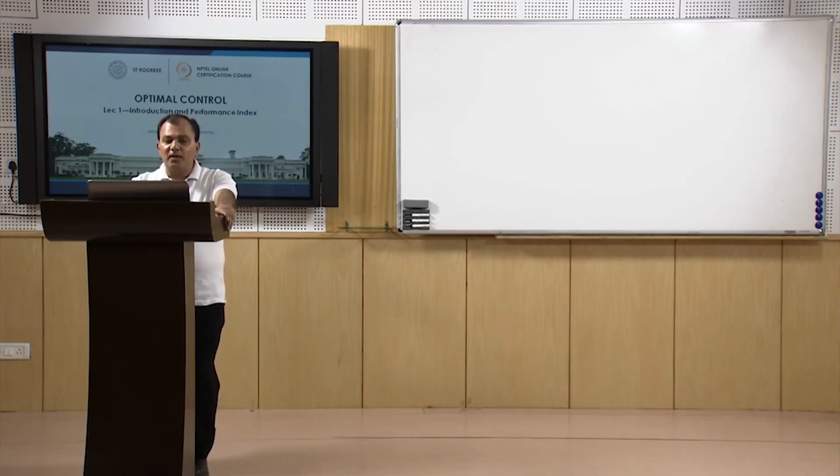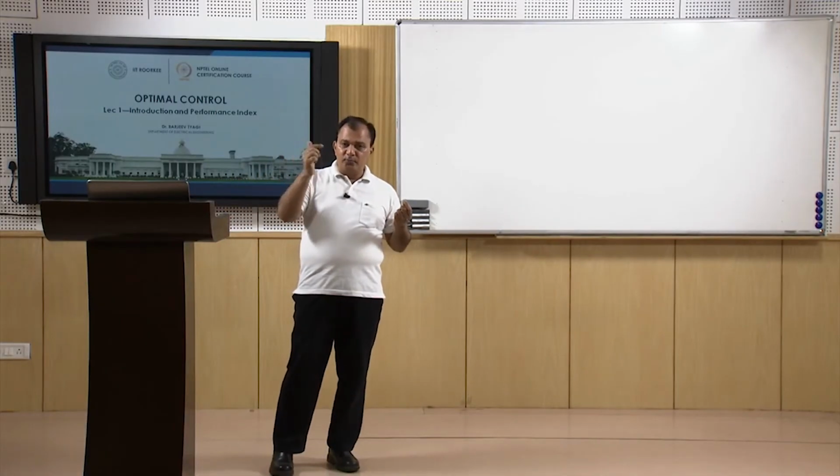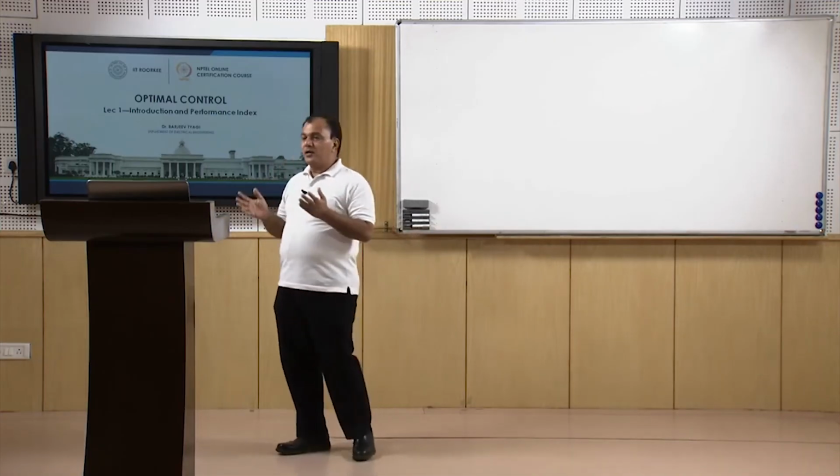In dynamic optimization, we control the plant under dynamic conditions, where my system is subject to a disturbance at a given set point. My system has to return to the same set point, and during this change how my system behaves dynamically is our study.